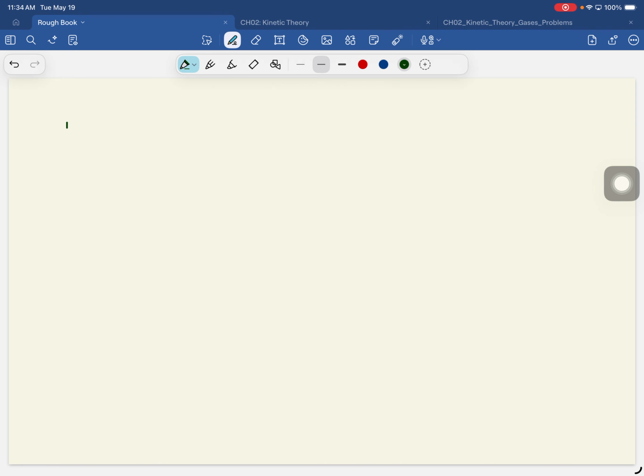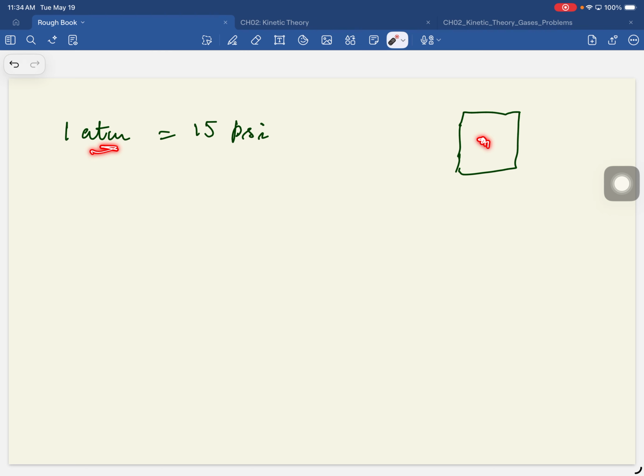So 1 atmosphere is 15 psi. What does psi mean? Pounds per square inch. So roughly here is a square inch, and that means air is pushing on the square inch with a force of 15 pounds.